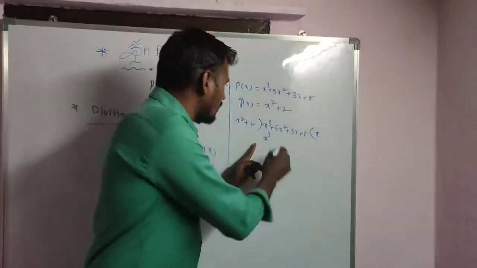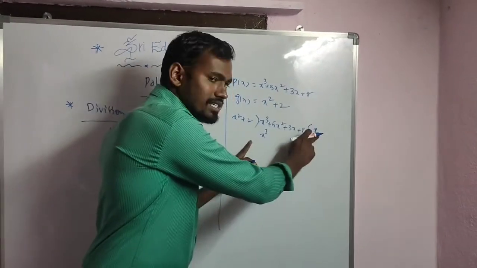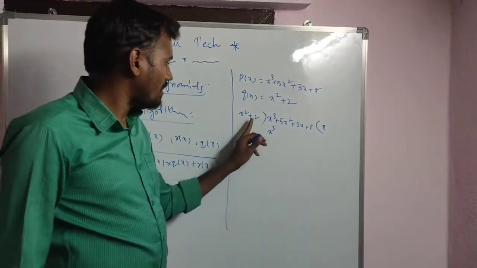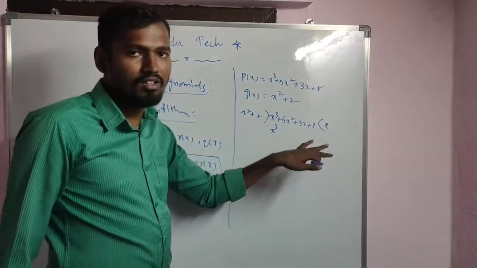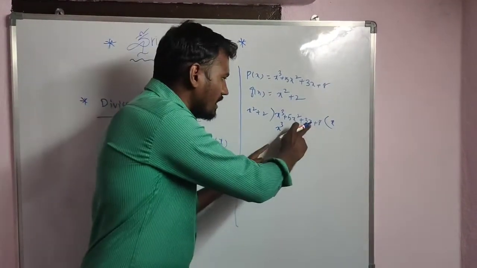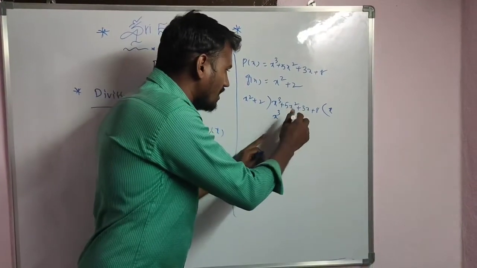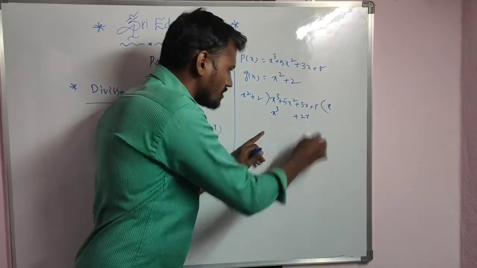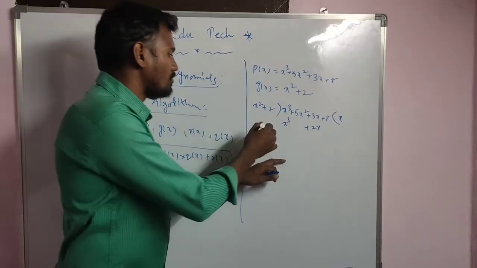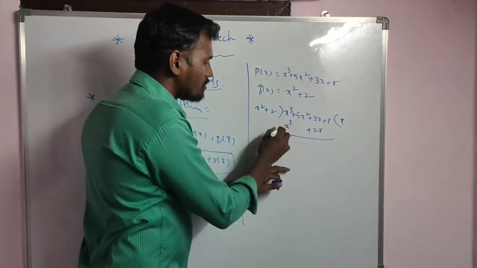Then plus, 2 into x, 2x. Write down term-wise. So here x, here x square. What are we getting here? 2 into x, 2x. Now solving, here plus means keep minus.